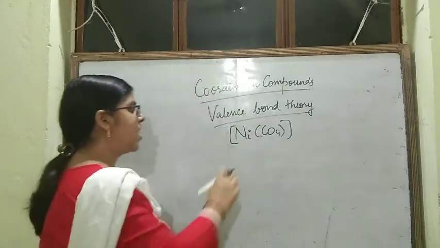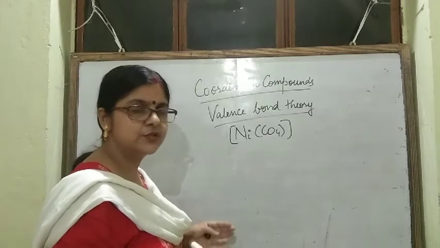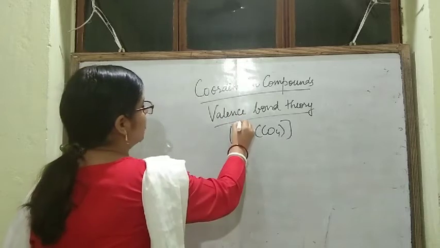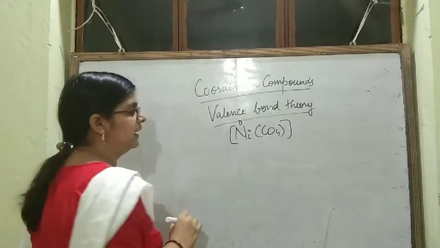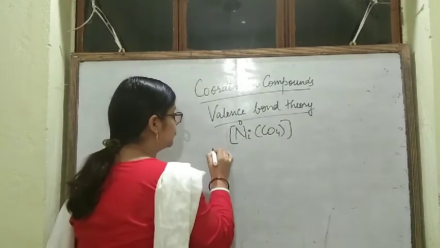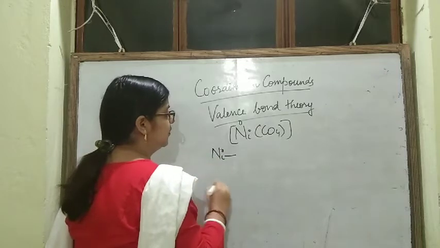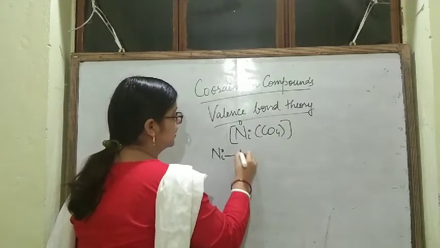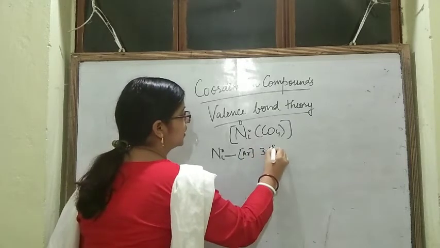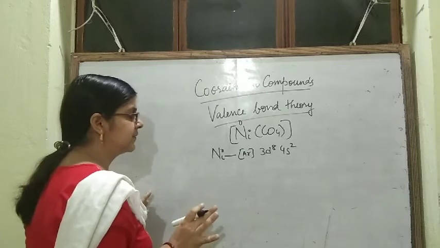We all know that carbonyl is a neutral ligand, so its oxidation state is 0. So the oxidation state of nickel is 0. The electronic configuration of nickel will be argon 3d8 4s2. First step is this.